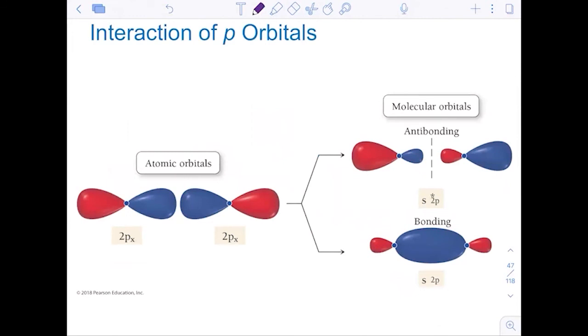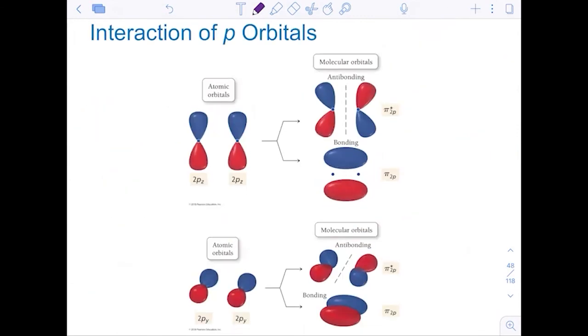So when we get into the second row diatomics, such as carbons, nitrogens, oxygens, and fluorines, what we want to be able to imagine is a sigma bond created with 2 p orbitals. Again, there's a bonding and an antibonding in the 2px, the 2py, and the 2pz.